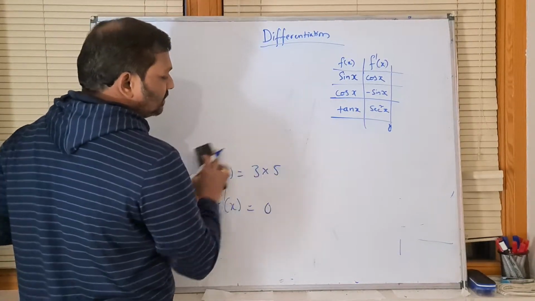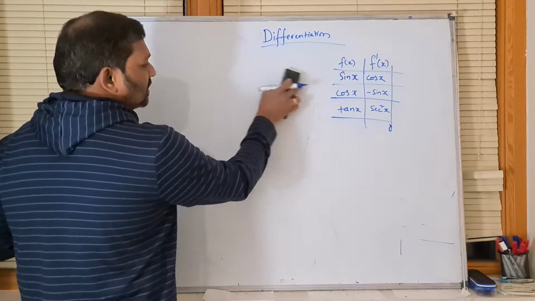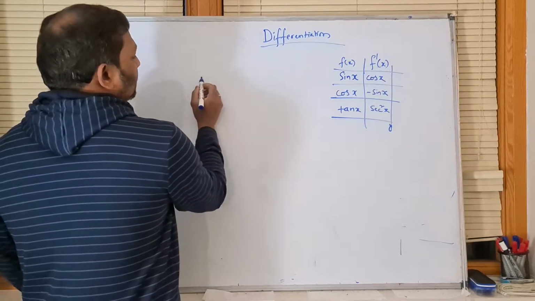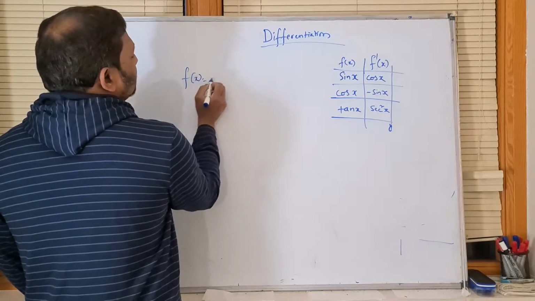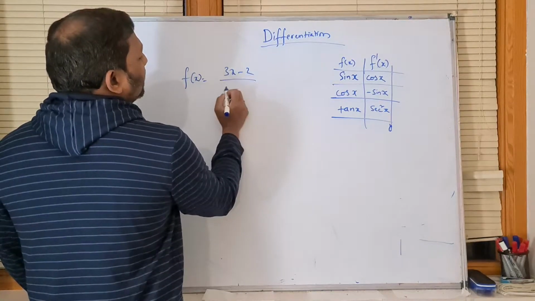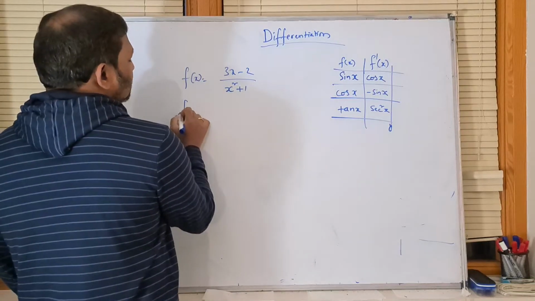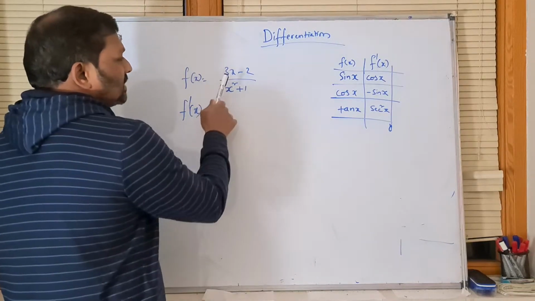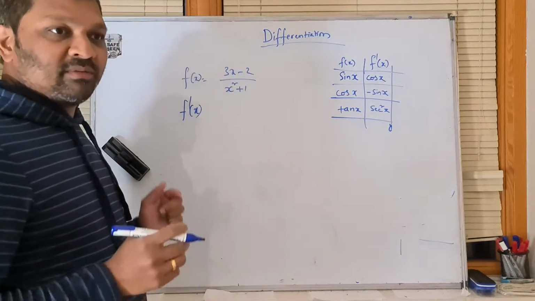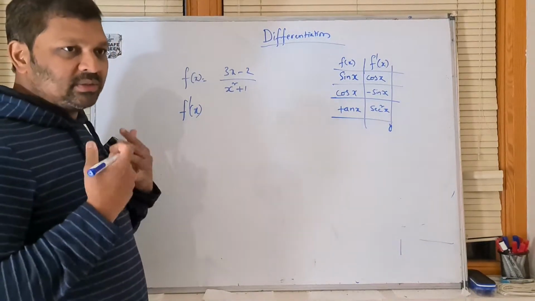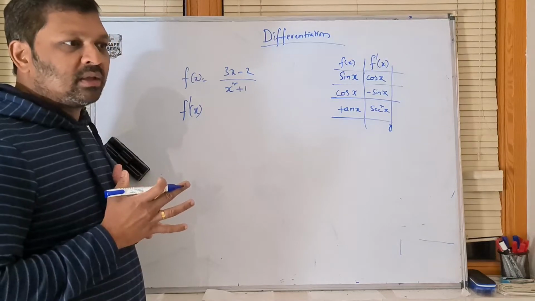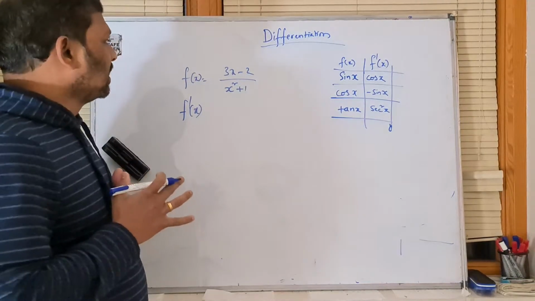For example, if something is given like this, say f of x is equal to 3x minus 2 by x square plus 1, how do you differentiate this with respect to x? We should always differentiate with respect to x, that is usually the convention.